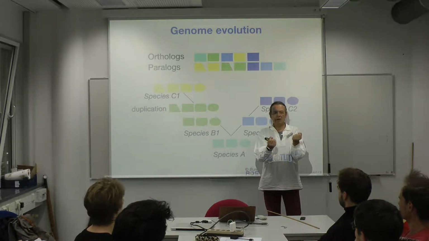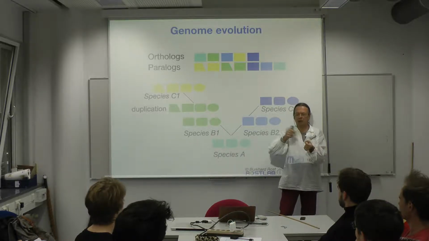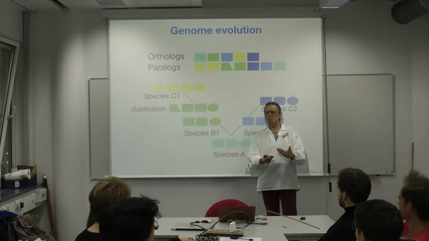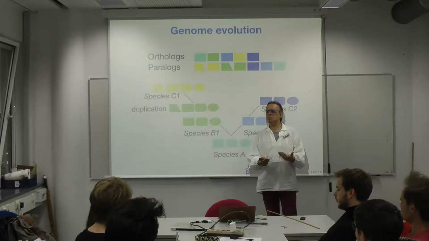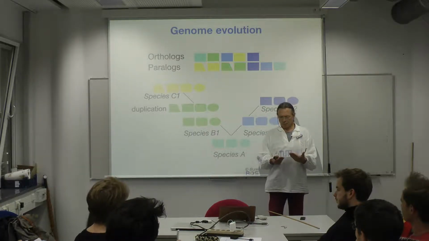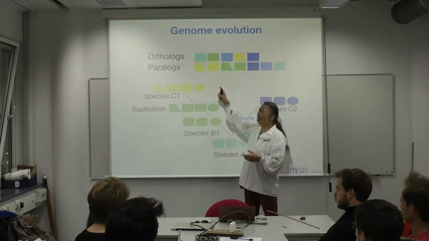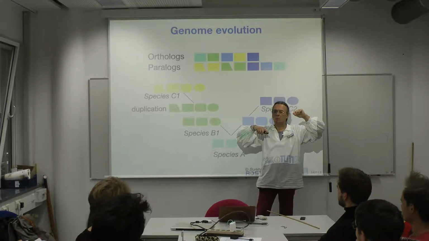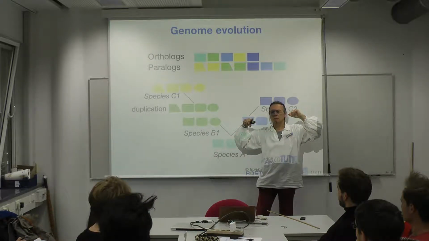Very similar genomes means that for every single protein, they have a corresponding protein, because just before the split they were the same species. So for every protein in species 1, there's something corresponding in species 2.